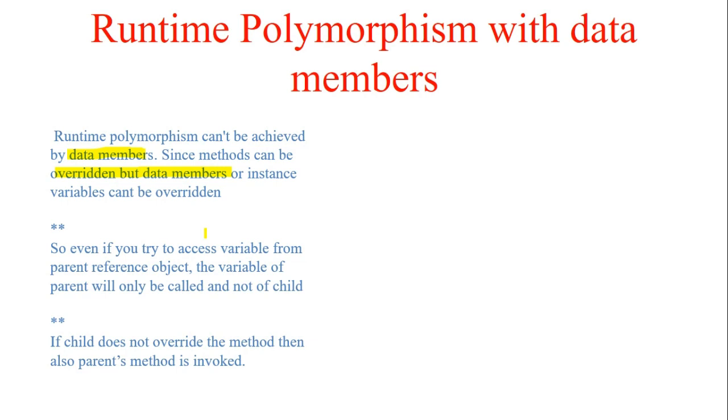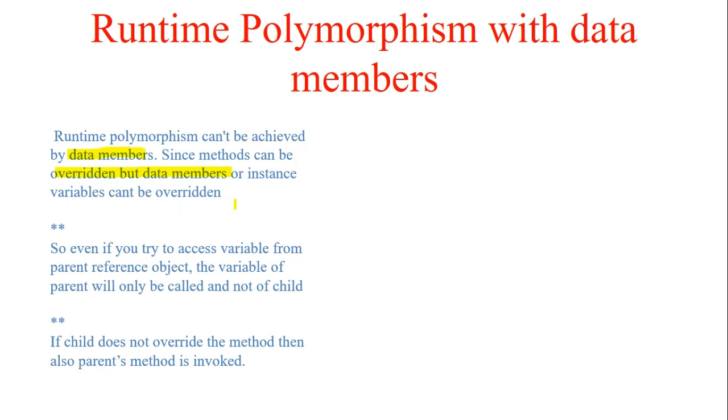So this is a very important concept. Remember this. It will be asked for sure in interviews: can you override instance variables or data members? The answer is no. Overriding or runtime polymorphism can only be achieved with methods. Hence if the child and parent have the same method, then giving memory to the child object will call the method of the child only, whether the reference variable is of parent or child.